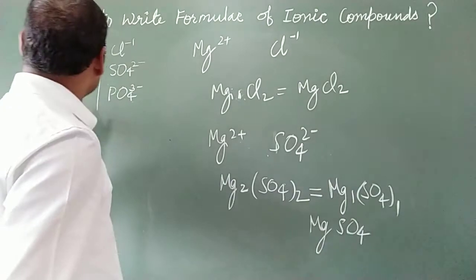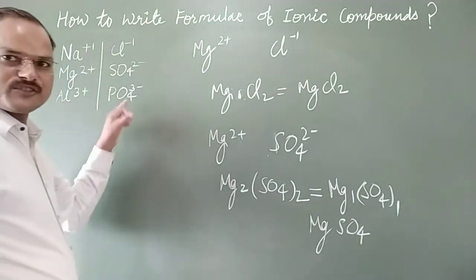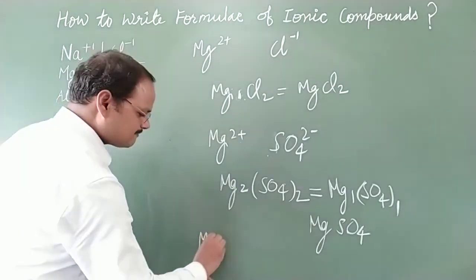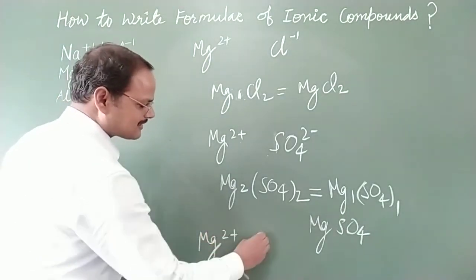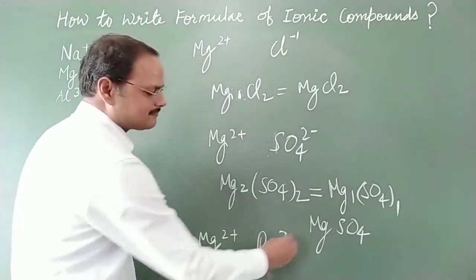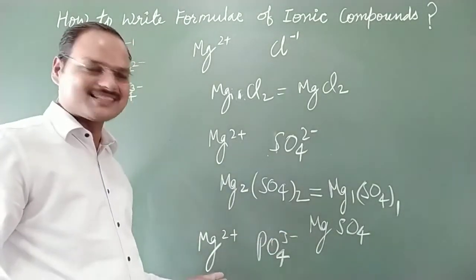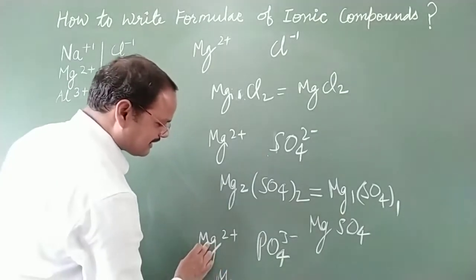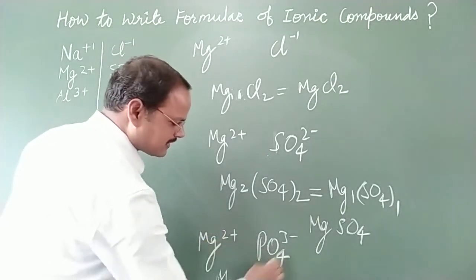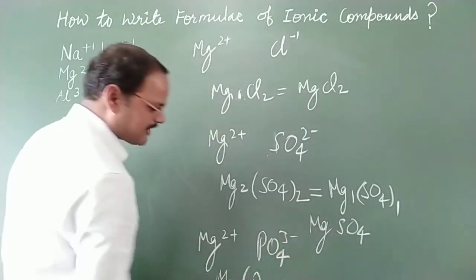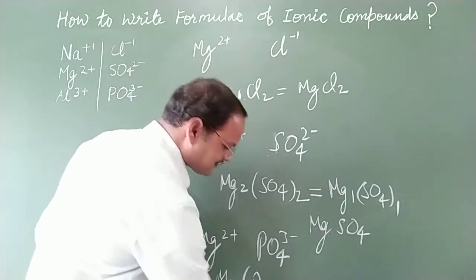Now see the third, magnesium with phosphate. We will get Mg2 plus, and phosphate means PO4 3 negative. It means interchange their valencies. We will get Mg3, and this 2 will be written with PO4. Here we need brackets. Why? Because this 2 remains with this phosphate.